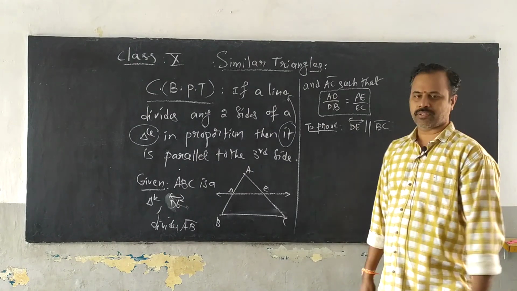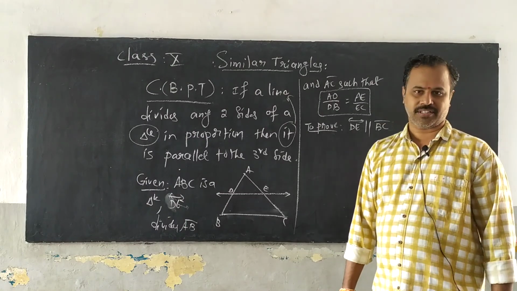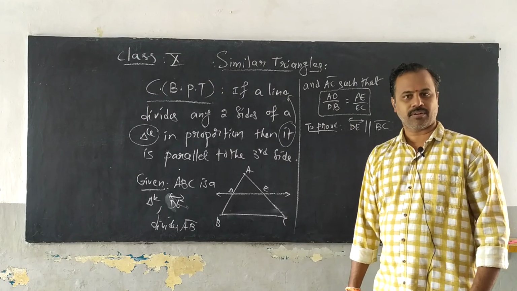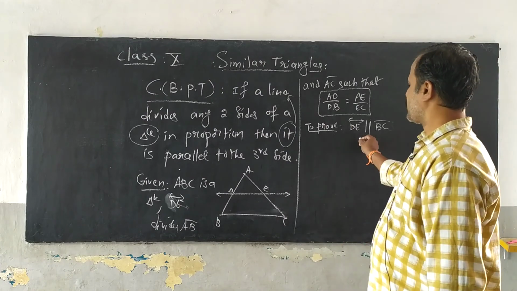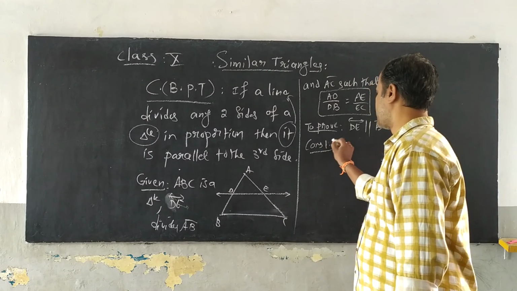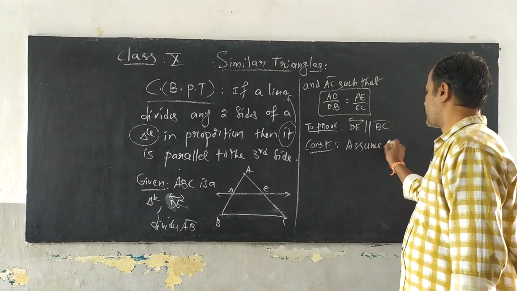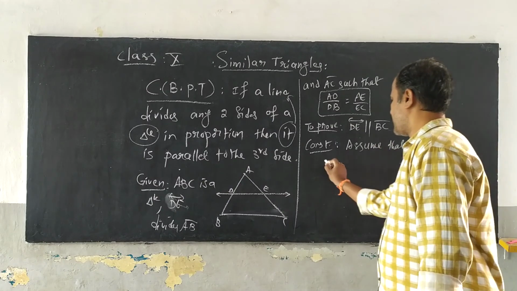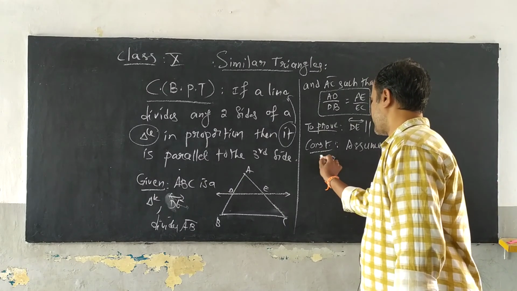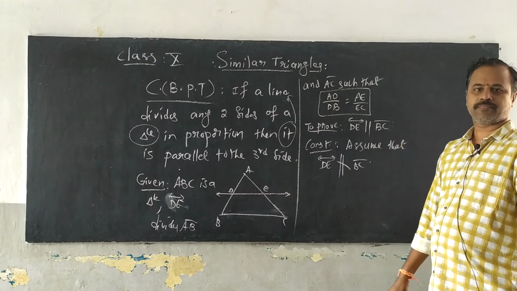Now how to prove this one? We follow the contradiction method. You know, in chapter 1, real numbers, we have that one. In the contradiction method, we make a construction and we assume that DE line is not parallel to BC line segment.